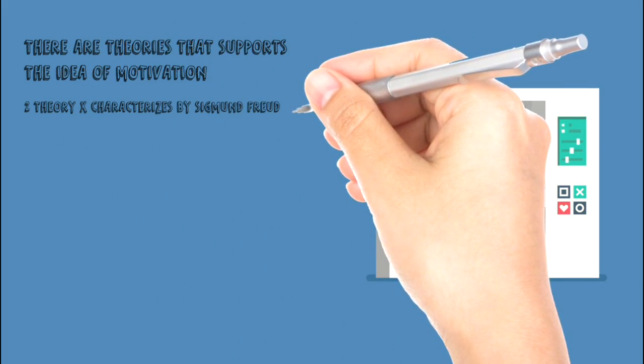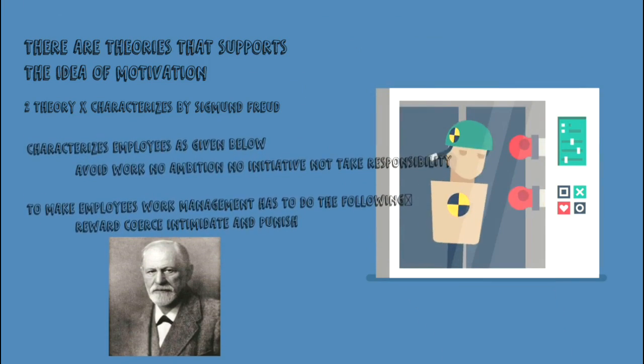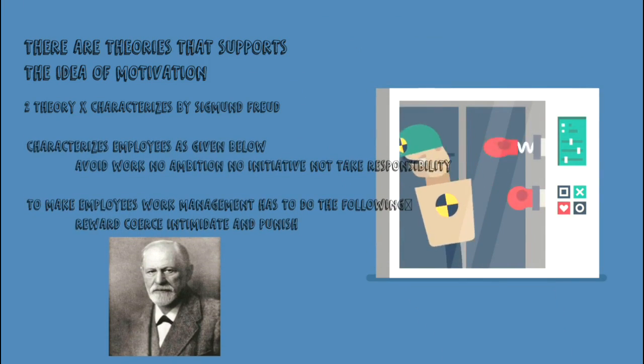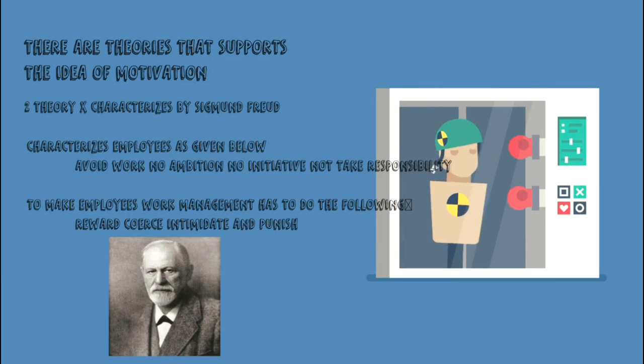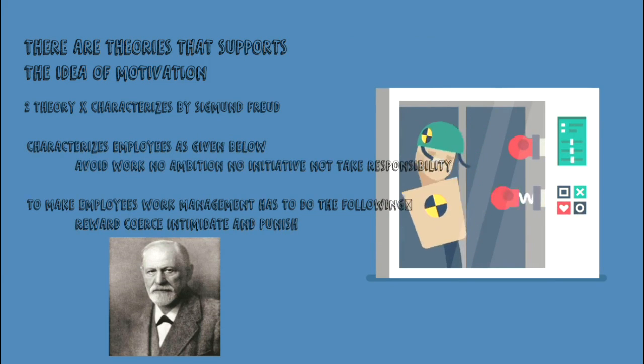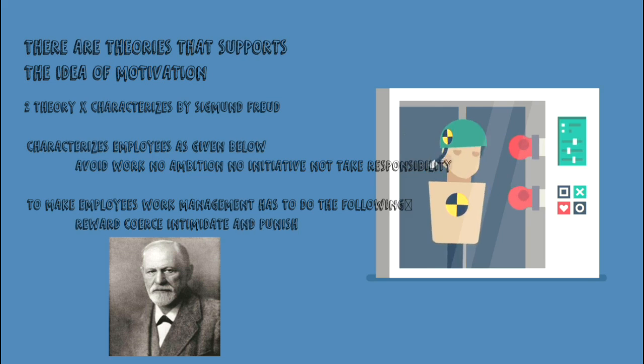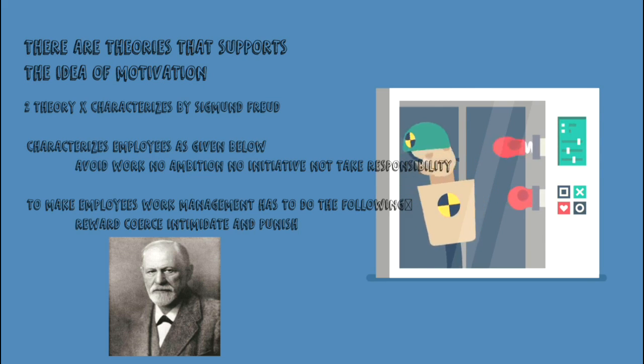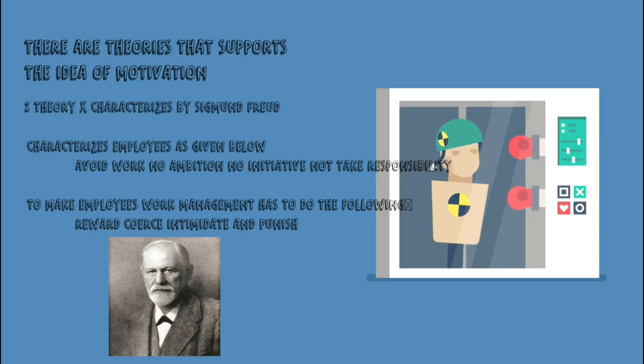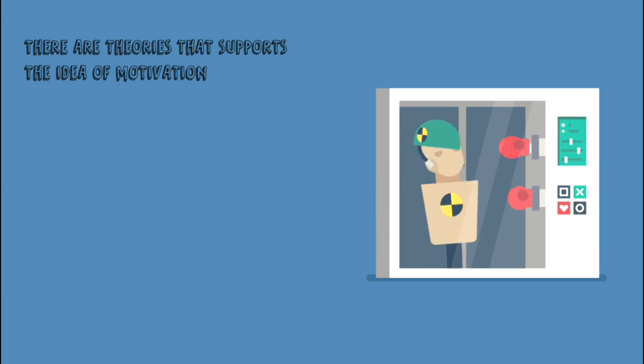Theory X, characterized by Sigmund Freud, characterizes employees as follows: avoid work, no ambition, no initiative, do not take responsibility. To make employees work, management has to do the following: reward, coerce, intimidate, and punish.